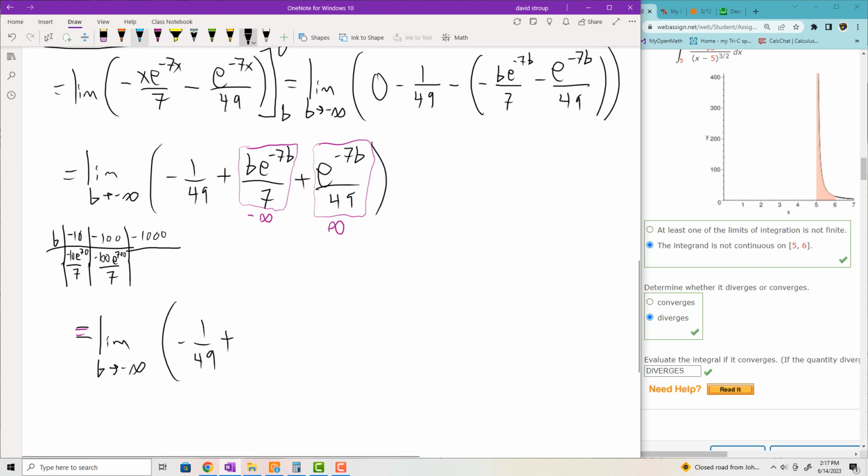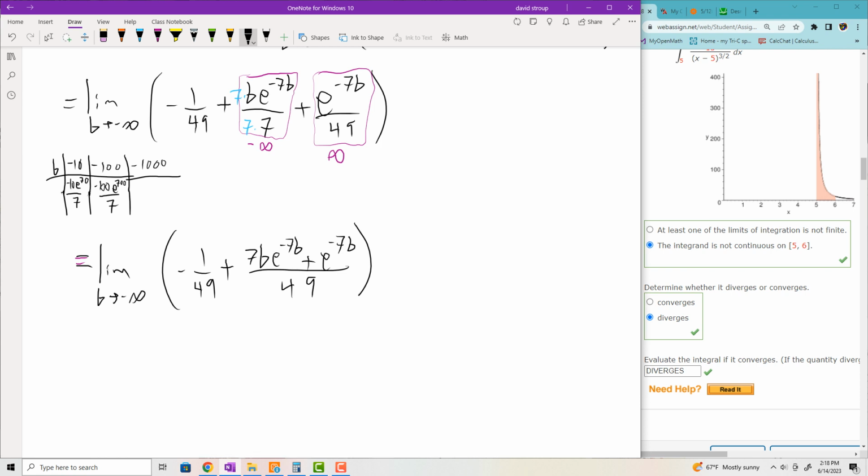So I have to multiply the first one, top and bottom, by 7. So I end up with 7b e^(-7b) plus e^(-7b) all over 49. Okay. It's not entirely clear. I mean, that's still kind of negative infinity plus infinity, but we can factor it.